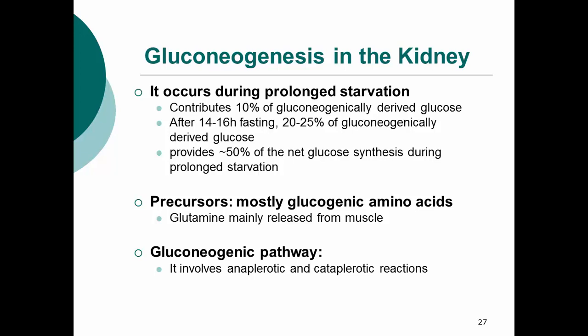And the kidney mostly utilizes amino acids as the precursor for gluconeogenesis, and of course involves the TCA cycle. And some concepts that we're going to talk about in the next couple of slides are anaplerotic and cataplerotic reactions, right? This is a concept that involves the TCA cycle for gluconeogenesis.